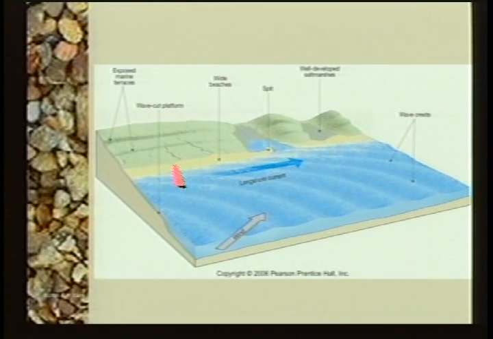Since the sand is moving in this direction, as evidenced by the spit jutting out, we know that the longshore currents also follow the land from the left to the right in this diagram. Now, if this sand would migrate and be added to so that sand would close off this little bay, this would be known as a bay mouth bar.